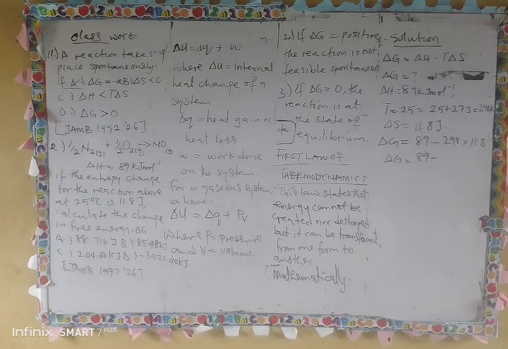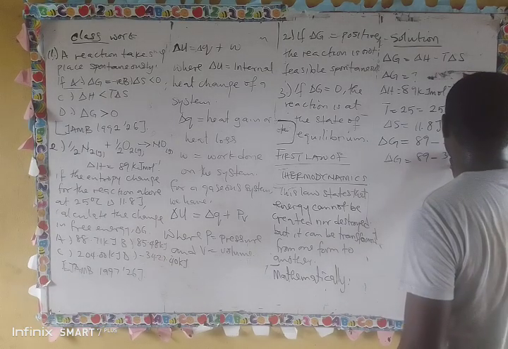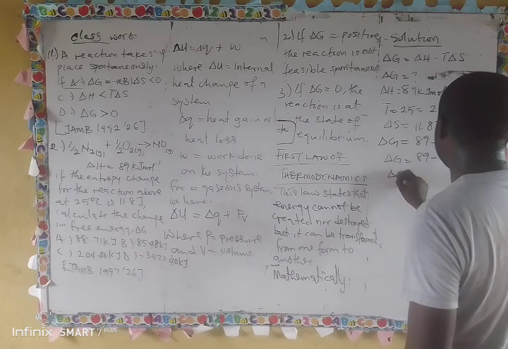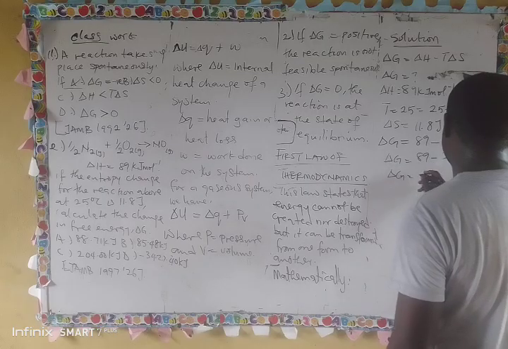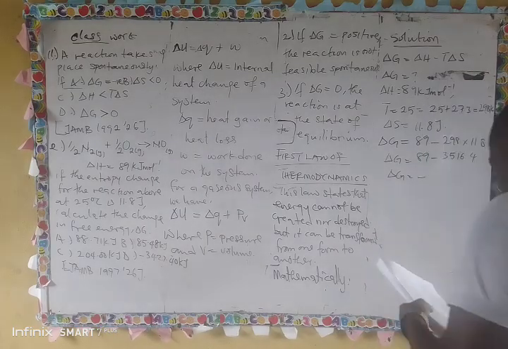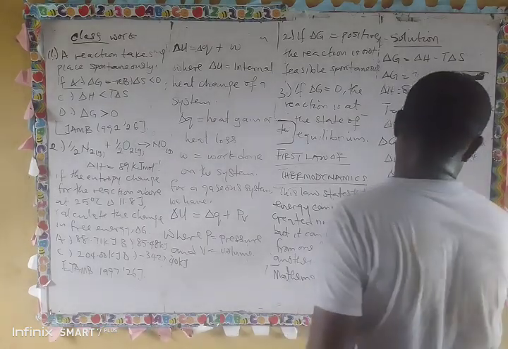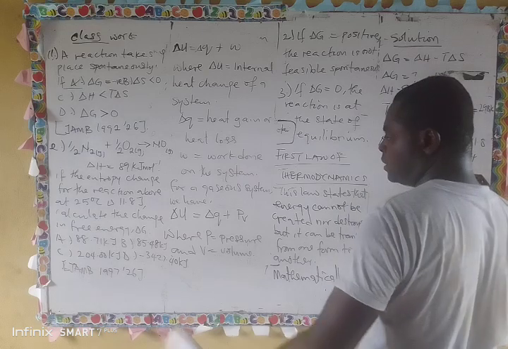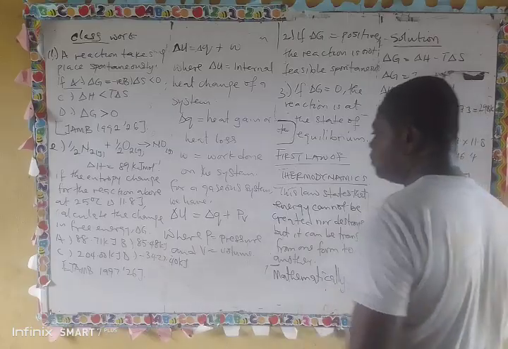Press. That is 35.4. So delta G now is 89 minus 342.4. So the answer is minus 342.4 kilojoule. That is D, option D.